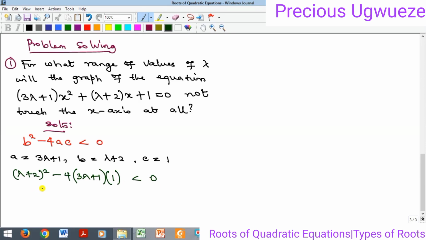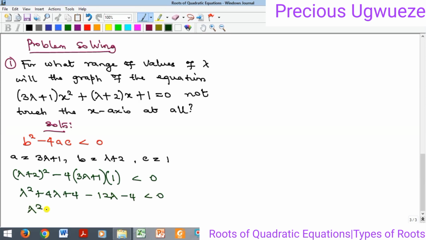Okay, so when you have this, if you open up this bracket, you are going to have lambda squared plus 4 lambda plus 4. Now this is going to give us minus 12 lambda minus 4 is less than 0. So we collect like terms.